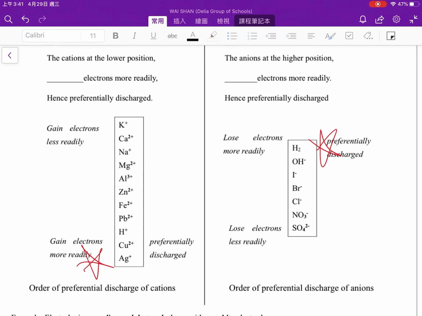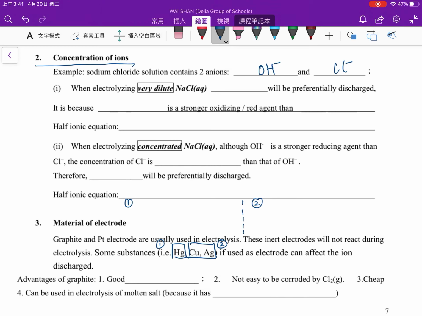And now I will talk about two more factors which will affect the electrolysis of aqueous solution. The first one, we have talked about it a bit: besides ECS, we also need to consider the concentration of ion. For example, sodium chloride solution will contain two anions, hydroxide and chloride.